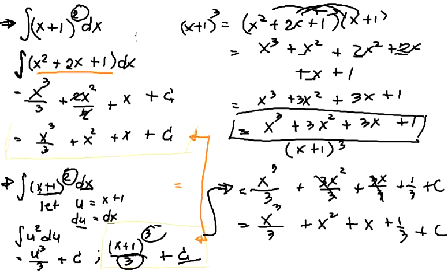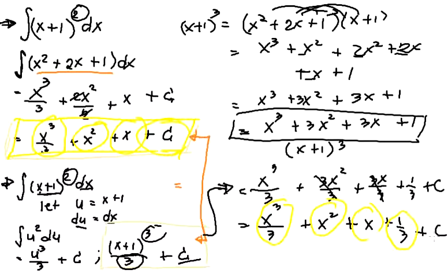Okay, so let us check now if we come up with this final answer. So we have x³ over 3, we have x², we have x, then we have plus c here, but in here we have 1/3 and plus c. But this 1/3 here is just another constant, so we can just write it as c also.